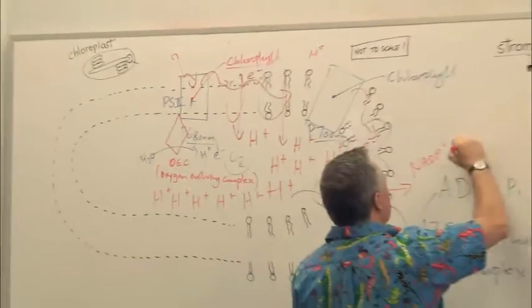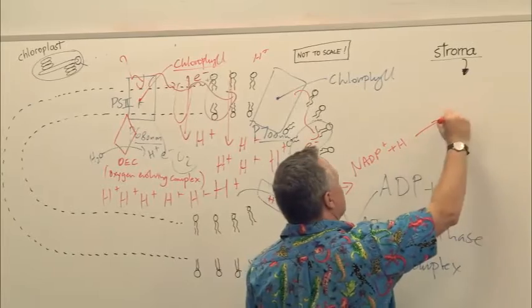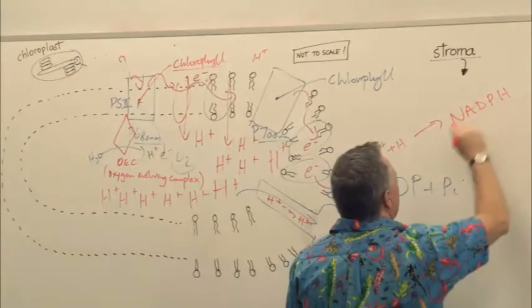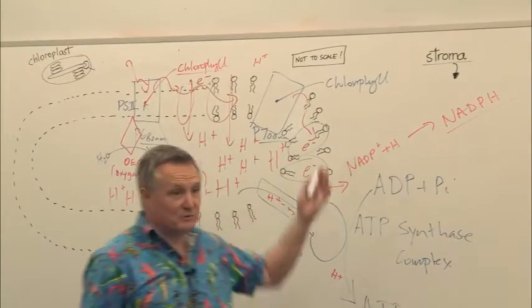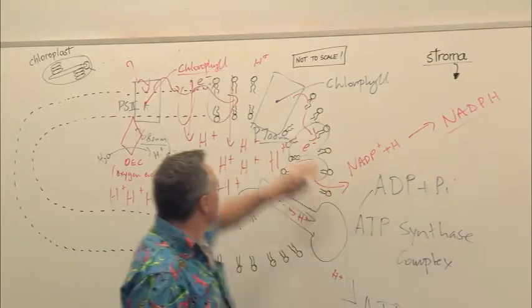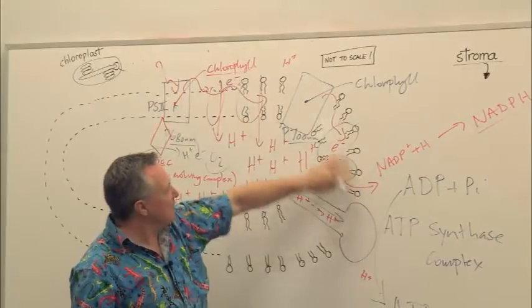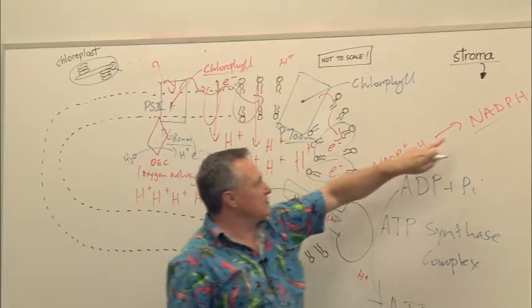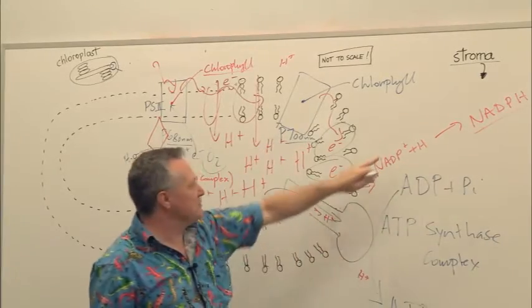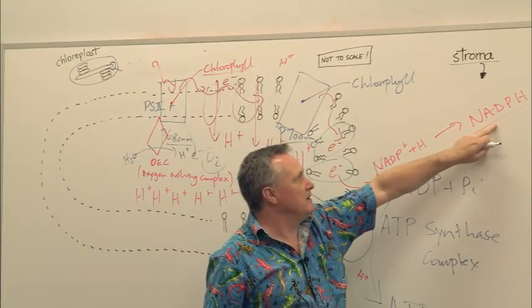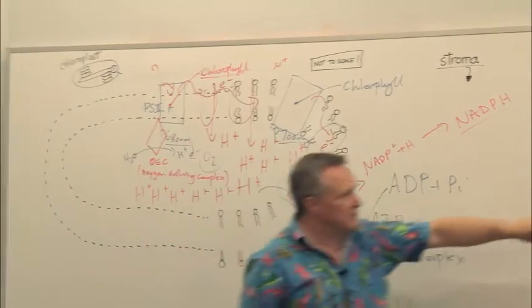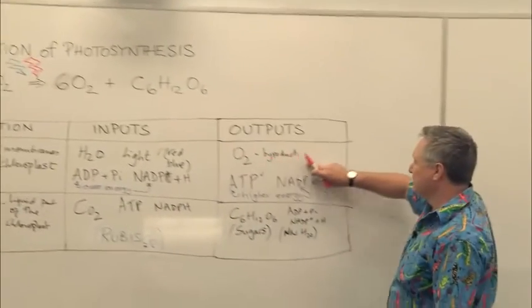That energy reduces that to NADPH. There's an enzyme, NADP reductase, which will actually produce this. So again, it's another series of oxidation reduction reactions, ending up with reduction of NADP plus a hydrogen to NADPH. And again, these two are the outputs for the light-dependent reactions.